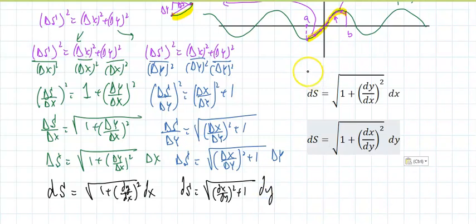So ds is either the square root of 1 plus y prime with respect to x squared, or x prime with respect to y. Now, what you want to get out of this section is figuring out whether to do it in terms of x or y, and there's no wrong way of doing it. There's easier or harder ways of doing it.